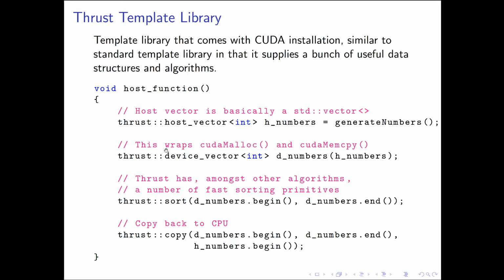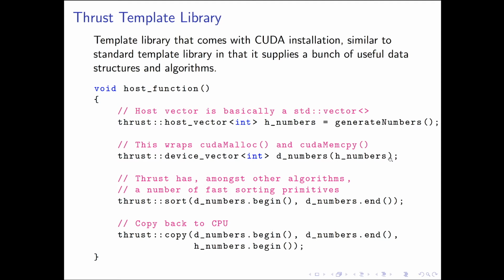The device vector basically wraps cudaMalloc and also cudaMemcpy, but also cudaFree. So when we create a device vector, the device vector will make sure that there's enough device memory allocated to the data structure. We can also pass the constructor of the device vector a host vector, and then the Thrust API will fill the device vector with the data from the host vector.